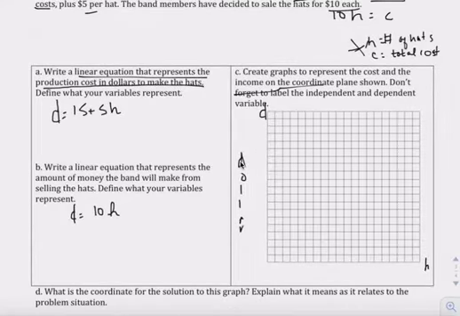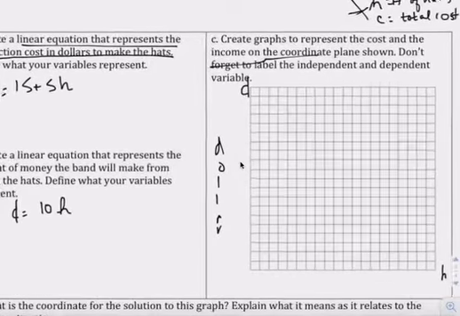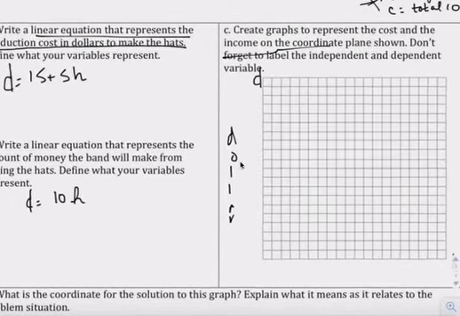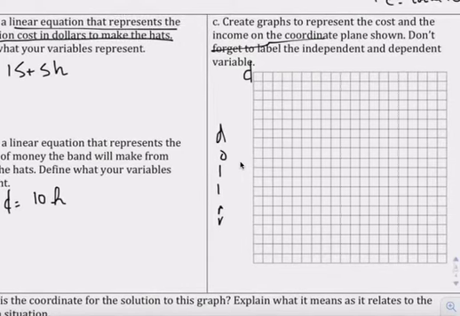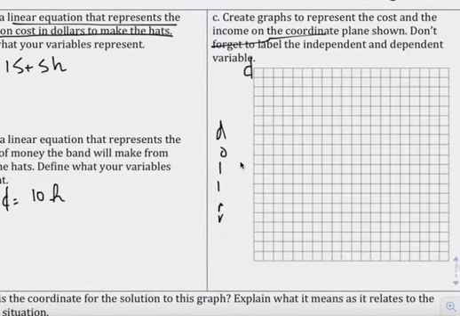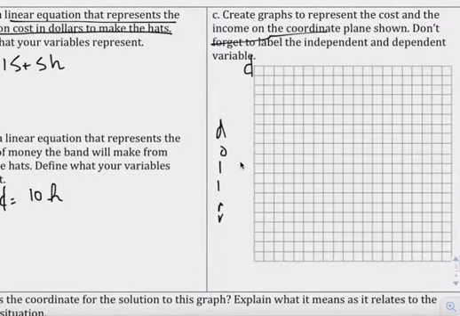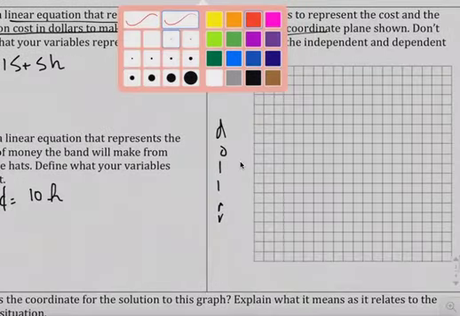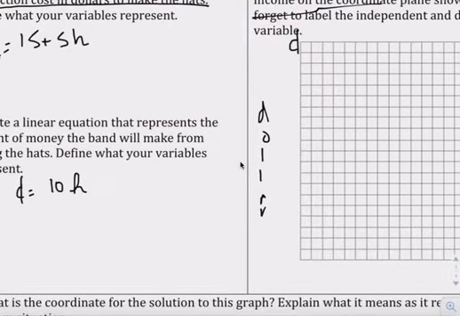Create a graph. We're gonna go by 2s, or actually by 5s. 5 will be good. For the dollar, because it's $10 and $5 and $15, it'll work by 5s.